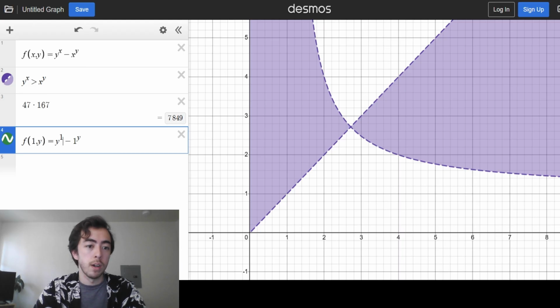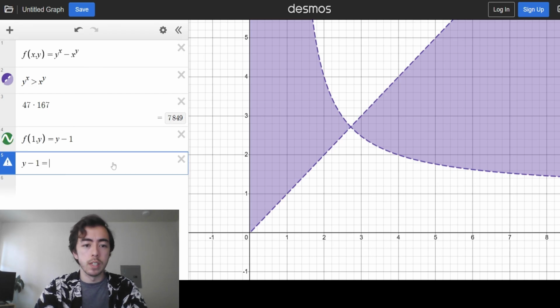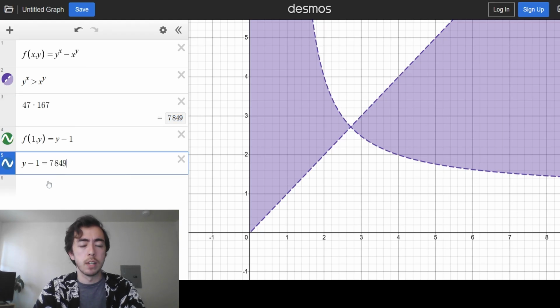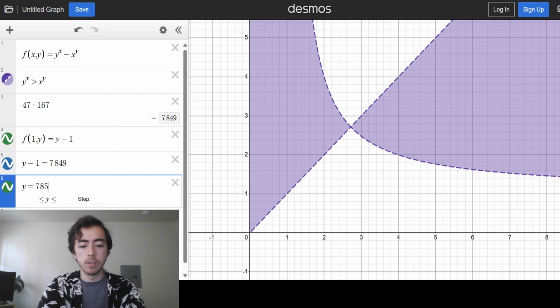Well, y to the power of 1 is just y, and then 1 to the power of y is just 1. So we do get y minus 1 right here. And I'm curious when y minus 1 is equal to this target value. I could just add 1 to both sides, so y could be 7,850.